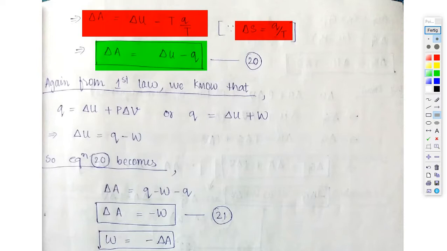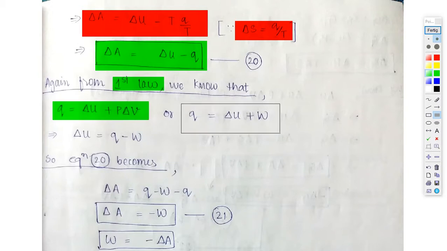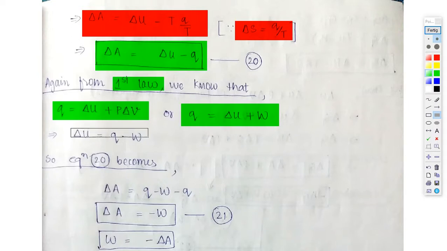And from the first law of thermodynamics, Q equals delta U plus P delta V, that is, Q equals delta U plus the work done.